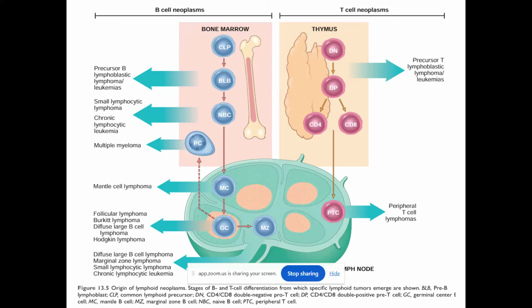Coming to the T cells, if a neoplasm or lymphoma arises in the precursor cells, that is called T cell ALL, and if the lymphoma arises in the mature cells, that is the mature T cell lymphoma.